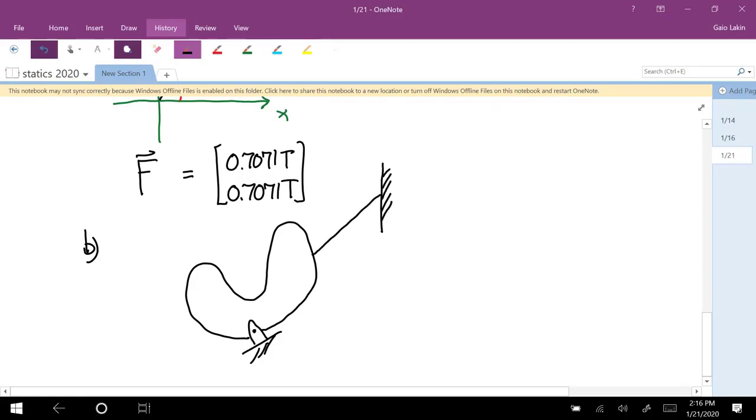Okay, so we want to figure out the vector that goes from here to the wall. That green is the vector we want. And to solve this, we have to recognize that that vector is equal to the sum of this vector and this vector.